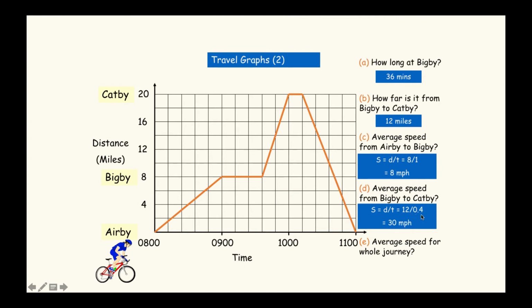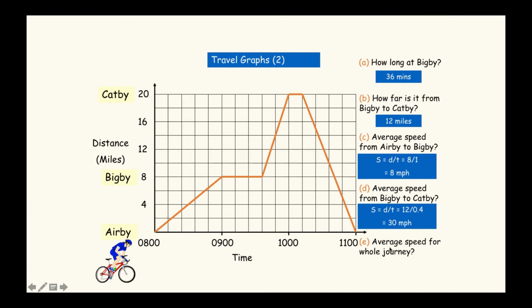So you must do 12 divided by 0.4, not divided by 24 minutes, okay? It must be 24 written as a decimal, and 24 as a decimal of time is out of 60, so 24 divided by 60 is 0.4. And then finally we would do 12 divided by 0.4, and it would give you 30 miles per hour.